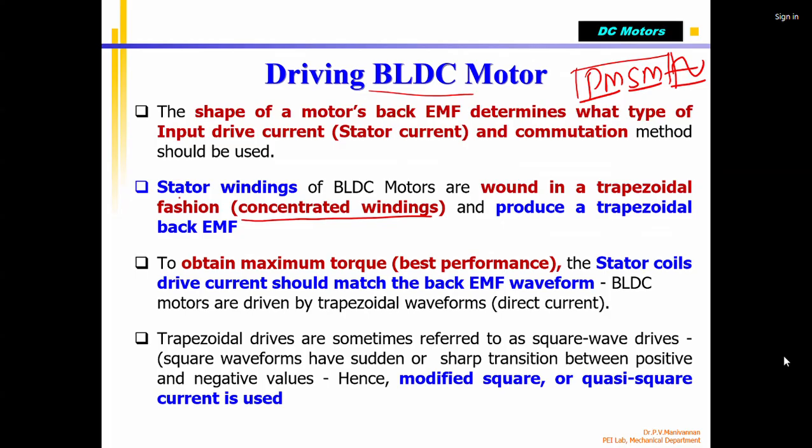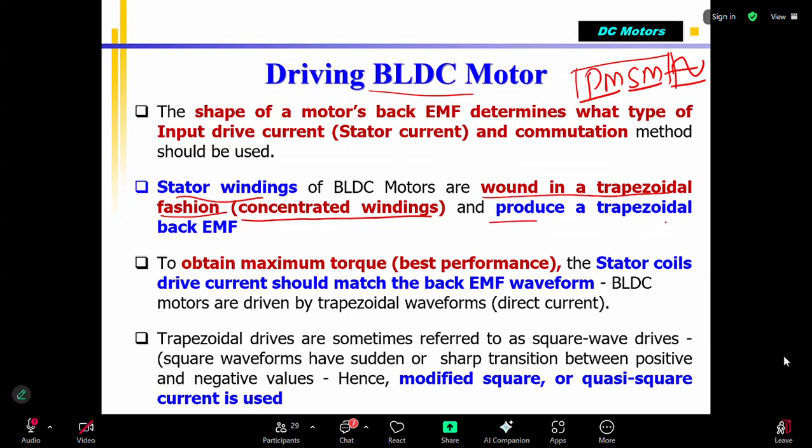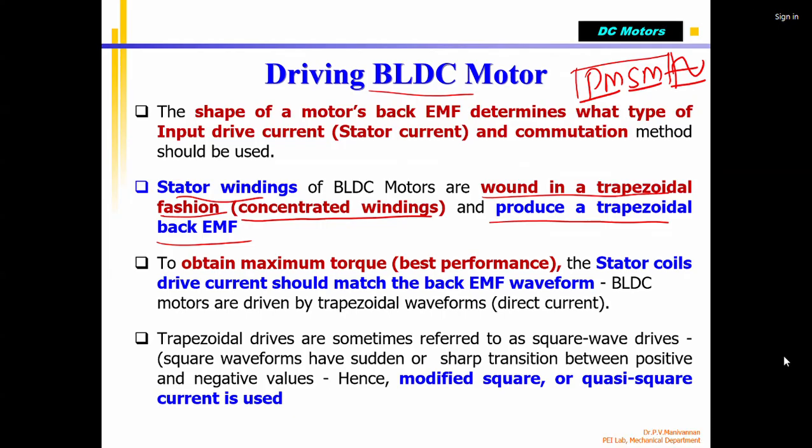Okay. So the stator winding is wound in a trapezoidal pattern, which is called a concentrated winding. If you give a square wave, the current flowing will be trapezoidal, and a back EMF is also generated. Correct? Already told you, in the permanent magnet synchronous motor, the rotor is rotating.